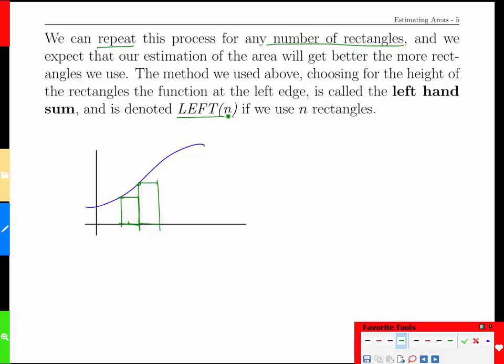We're going to call that Left(n), where we use n rectangles. So the previous example illustrated Left(3). And at the same time, when we did the overestimate, we did the comparison with the right endpoints, also with 3 rectangles.